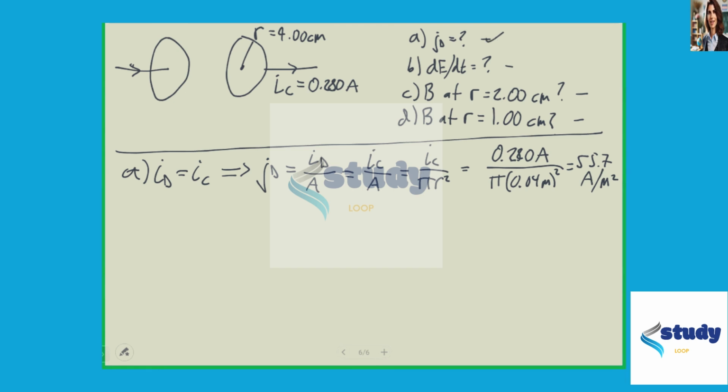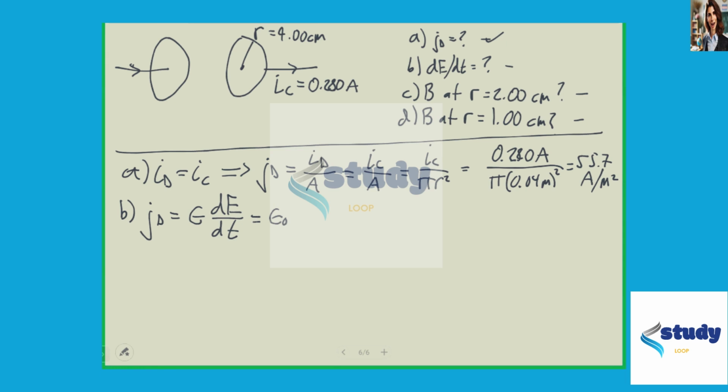What about B? B asks for the rate of change of the electric field, but now that we know the displacement current density, we can use the formula for the displacement current. The displacement current density is epsilon times dE dt. Now, in our case, our capacitor is filled with air, so epsilon is equal to epsilon naught.